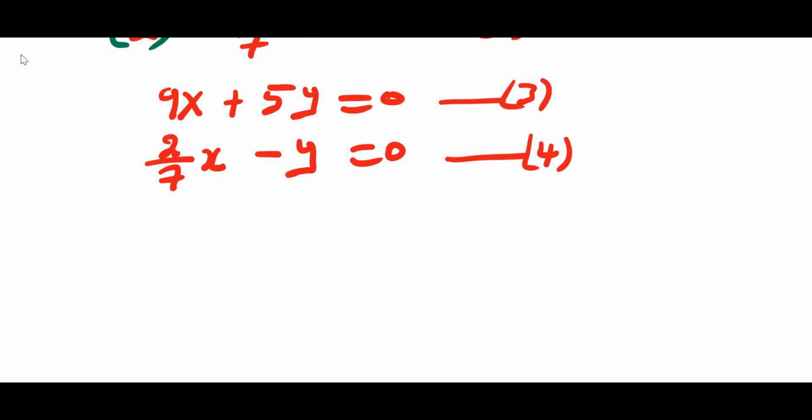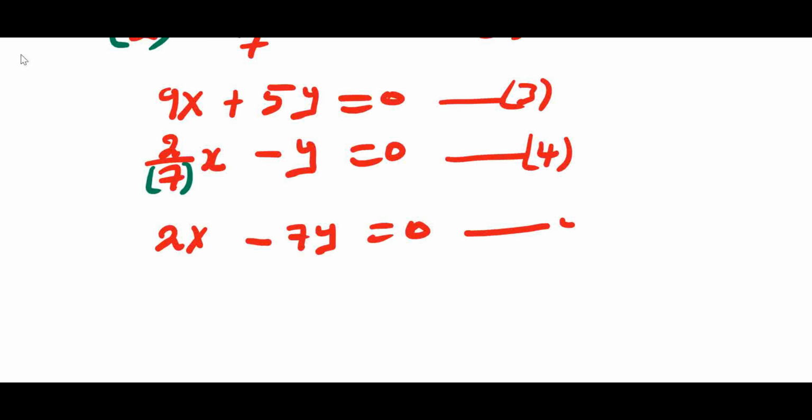So equation 4, because we have a fraction, this is the denominator, which is 7. We can multiply each term of equation 4 by 7. So if we do that, then we are going to have 2x minus 7y equals to 0.